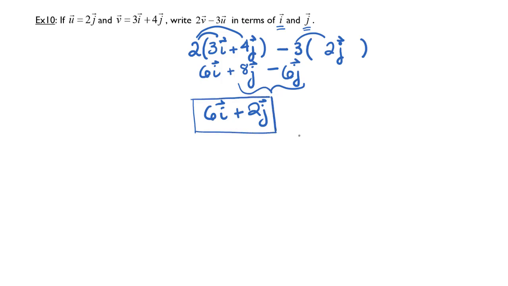You just have to keep track that when you're talking about i's and j's, it's like saying 6 times the little vector <1, 0> as a component vector plus 2 times <0, 1> as a component vector. Because we're scaling how far we're going in the x direction, and we're scaling how far we're going in the y direction.